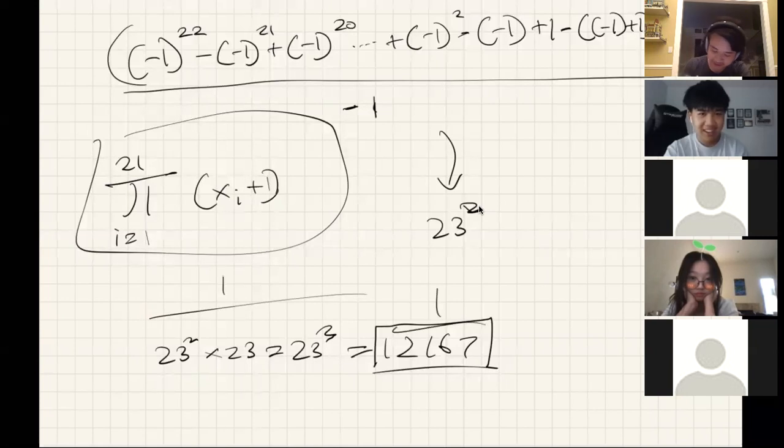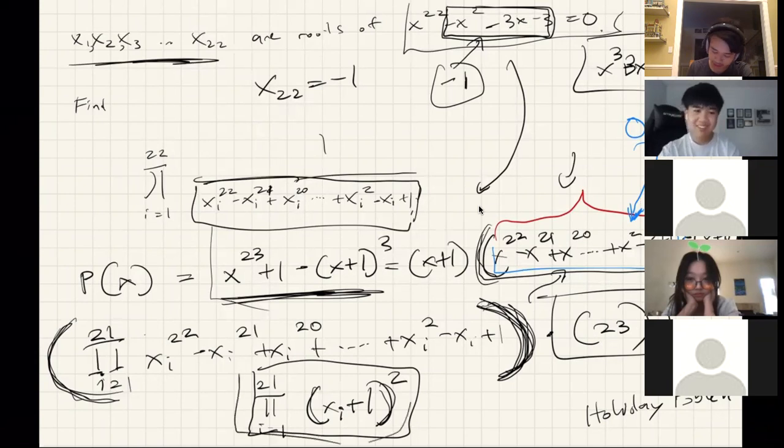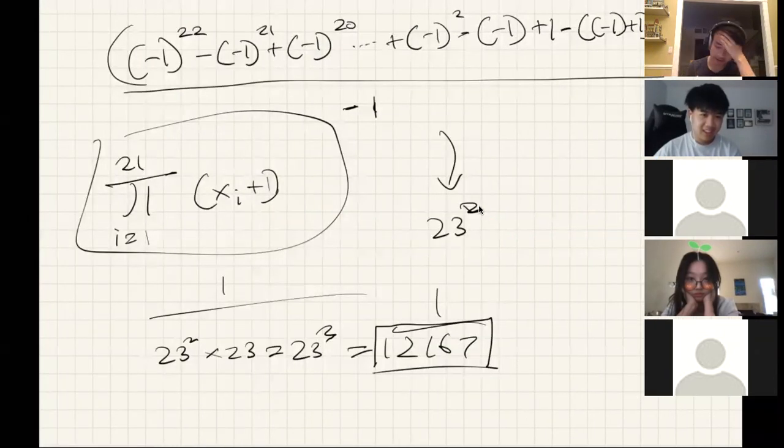So we took the reciprocal of what we wanted, manipulated the polynomial so that we could represent it as -1 plugged into the polynomial, and then just squared that. And our final answer was 1 over 23 cubed. Sorry about that.